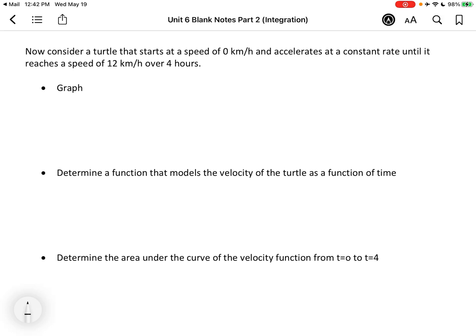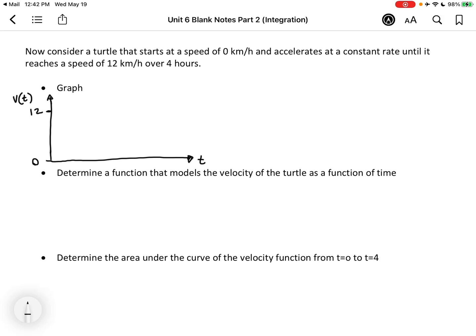Okay, so we're looking at velocity and we're looking at time. And now the velocity is changing, but it's accelerating constantly, so it's going to look like this. Here is v of t, and here's t, and here's 0, and then it ends up reaching a velocity of 12.